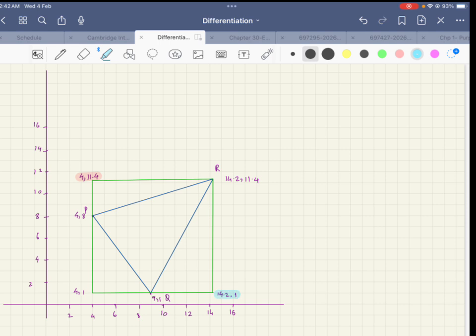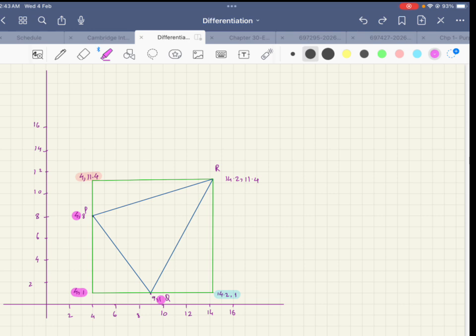How did I find the x and y coordinate of it? As it's lying on the same line as this one, the x coordinate has to be the same. As it's at the same height as this one, the y coordinate has to be the same. I extend this line, and I'm going to highlight this in pink. So this is 4 because it's in the same line as this one and same height as this one. So finding the coordinates was easy, and this one, 4, is in the same line as this one. So finding that coordinate was also easy.